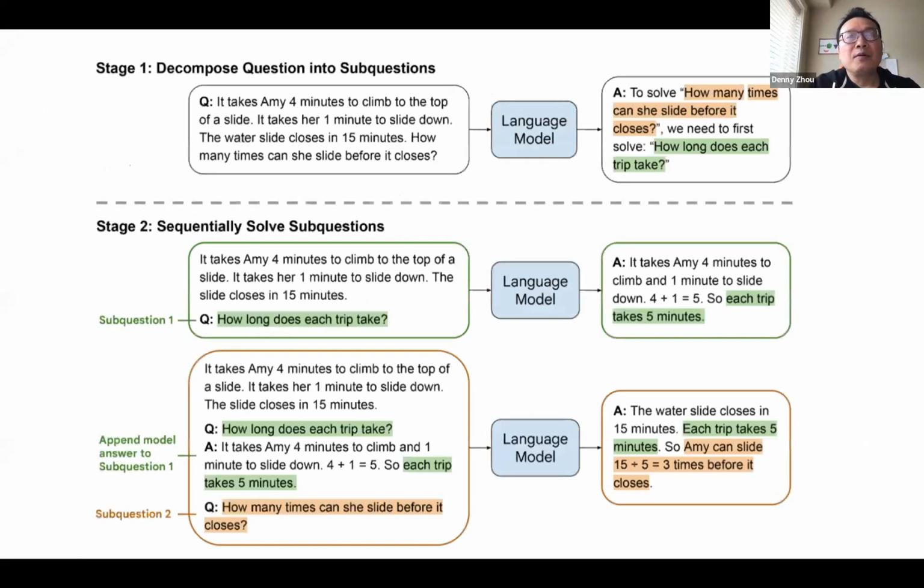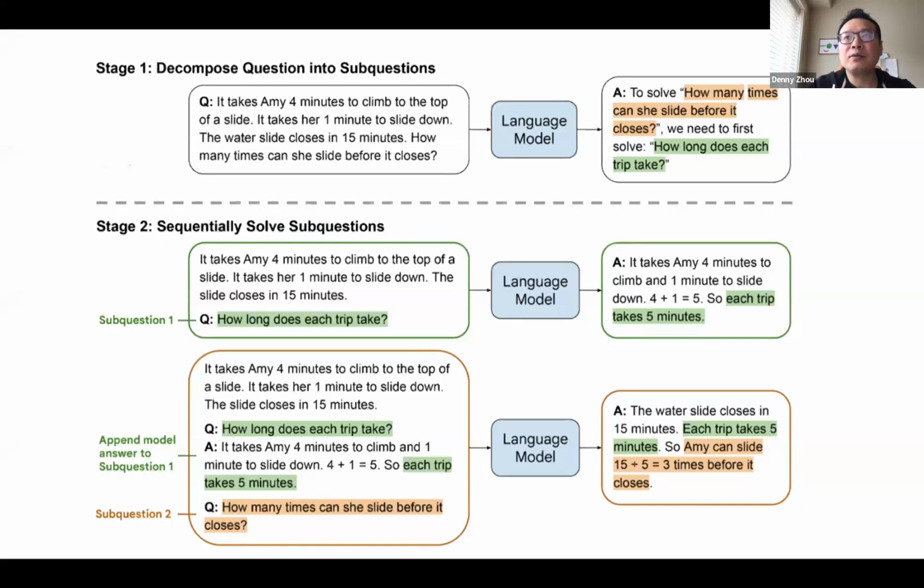Actually, in our paper, we make this approach a little bit more advanced. We put this two-step prompting into 2 stages. The first stage is to decompose questions into easier sub-problems. And for the second stage, we sequentially solve the sub-questions. Here you can see that when the model solves the second sub-question, its solution is built on the answer to the first question.